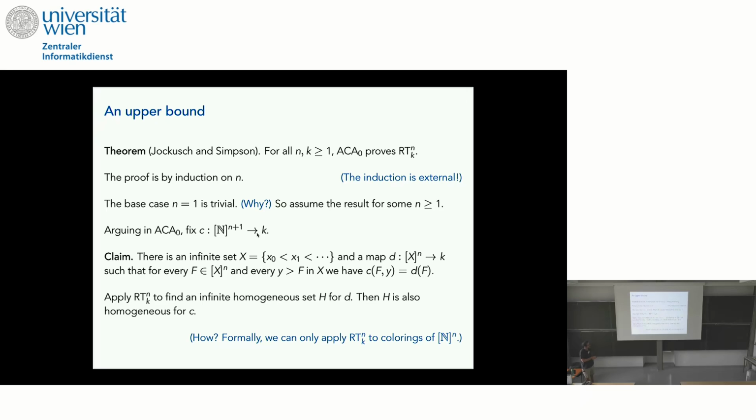Now, it's worth doing this. I don't have formal exercises in this tutorial, but I have these little asides. If you've not worked a proof like that, it's worth doing it carefully. In particular, because right here we have an infinite set which is not all of N. But the statement of RT was for every coloring on the n-tuples from N, not from an arbitrary subset.